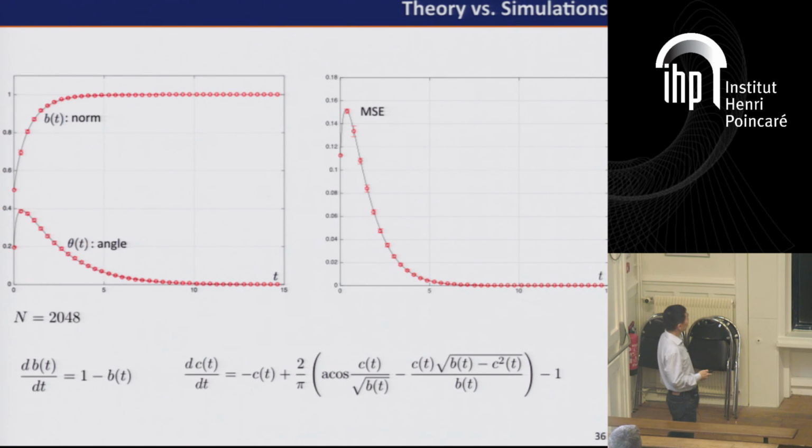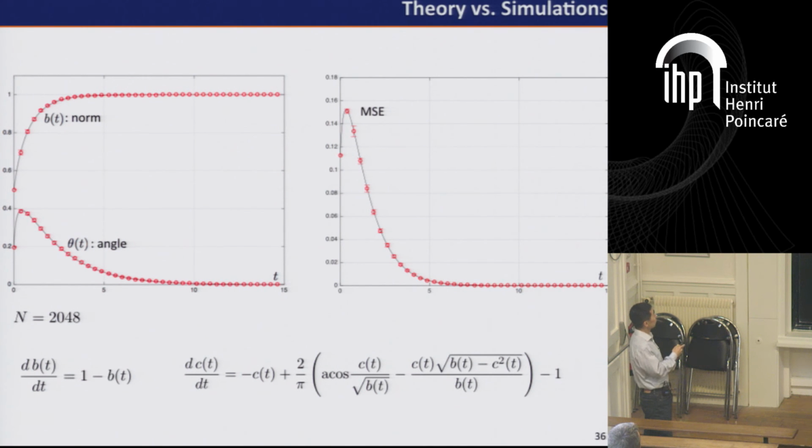And here are some simulations. On the left, we have the evolution of b_t and c_t, okay, angle and the norm. And the dots are Monte Carlo simulation results, average results. And the black lines are the solutions of the deterministic ODEs. Okay, it's a very, very good match.